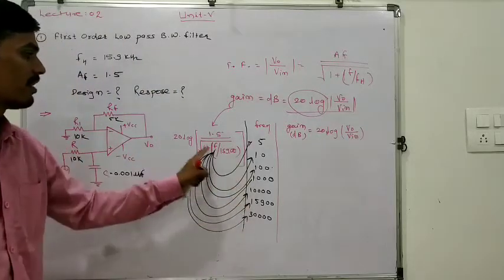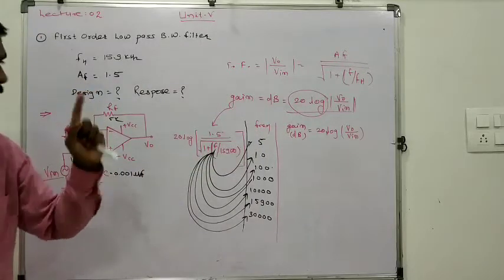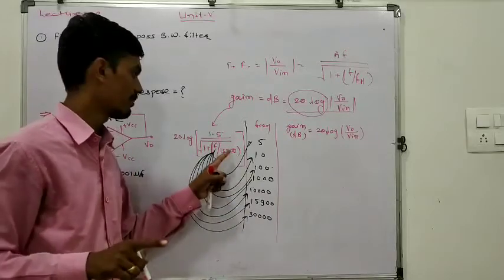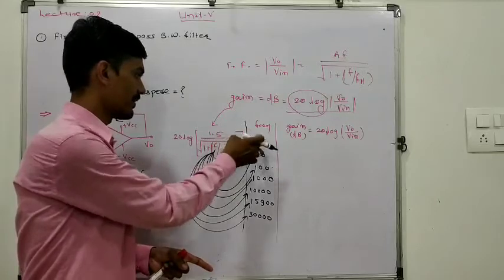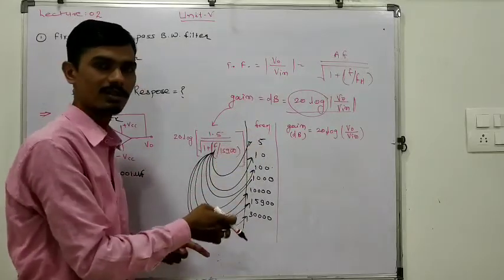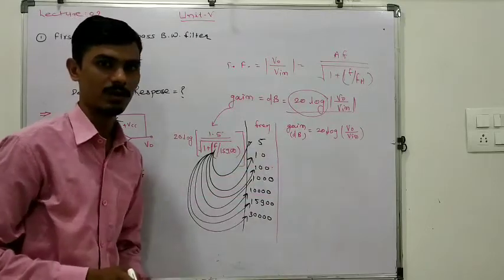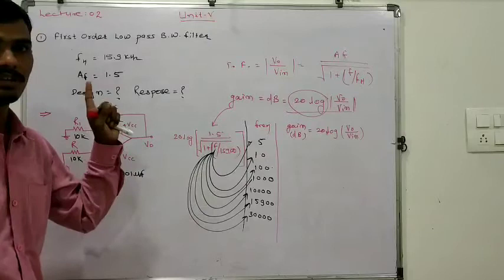For different values of F we calculate the gain. We set the formula in the calculator only once. After that we just edit F as 5, 10, 100, 1000, 10,000, 15.9k and 30k, and respectively we get the values. No need to write the formula every time in the calculator.